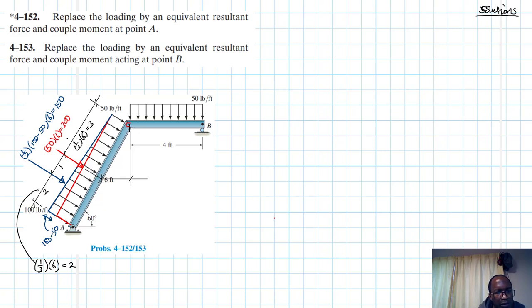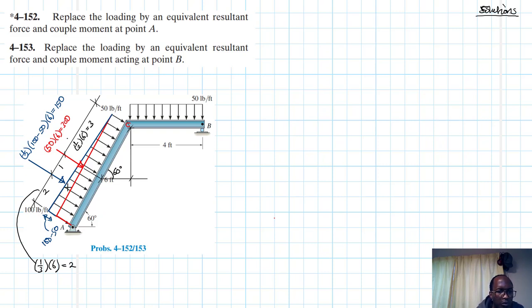We already know the slope here, the slope is 60, and we also need this particular distance here for this force.